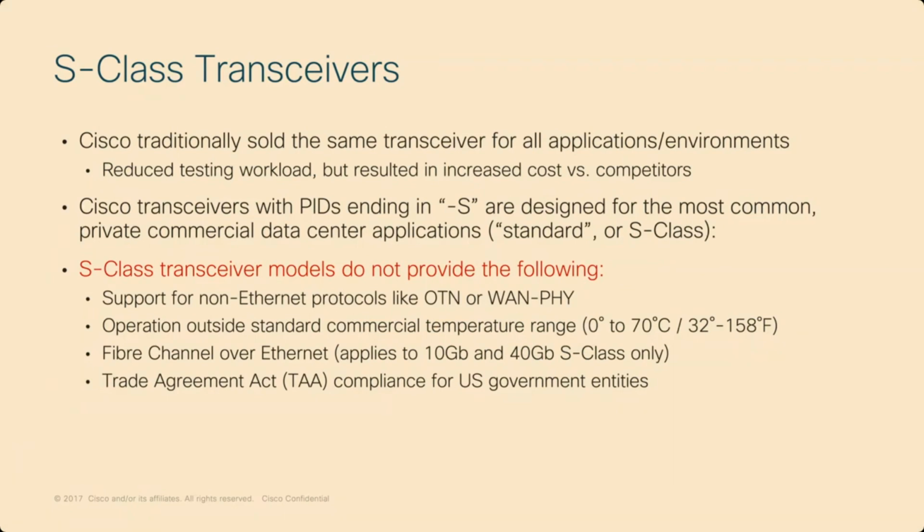So we basically have released a class of transceivers that end with a -S, and those are S-class transceivers, and those are going to fit the most common use cases for most enterprise customers. So there are some limitations to them, but they are definitely going to be cheaper than the non-S-class optics for the same type of signal.